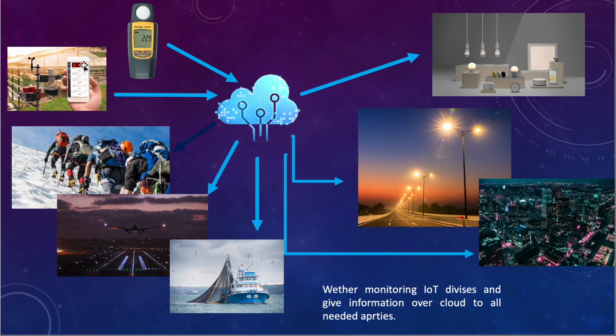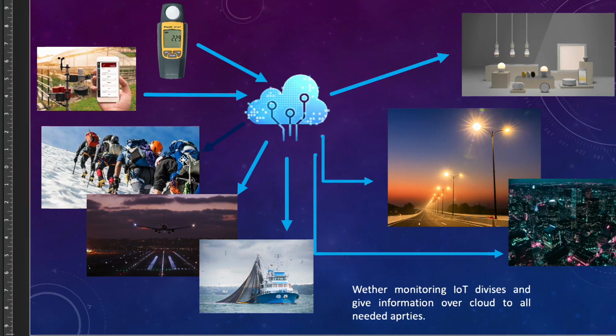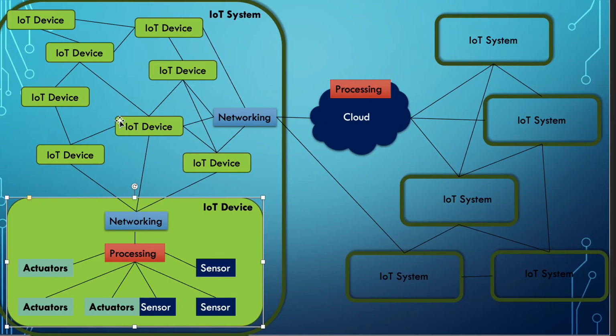So that itself would be an IoT system. But if the data is going outside, that means each IoT device is connected to each other, like here you can see a couple of devices connected to each other. Those devices would be a whole system, and that system would be connected to the internet, to the cloud, where the data created by these devices will be stored, analyzed and processed.